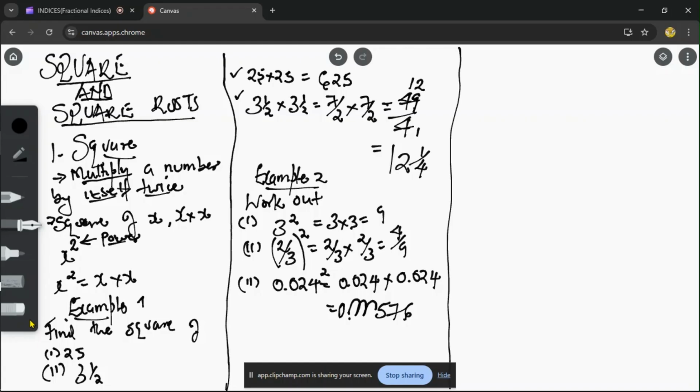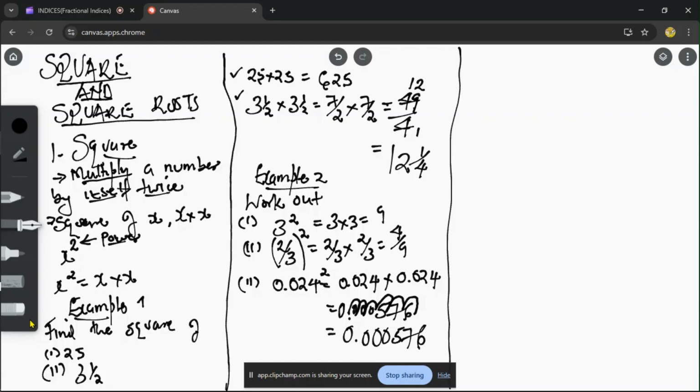So the decimal has moved 6 steps. Then in between here we put zeros. So our final answer will be 0.000576.